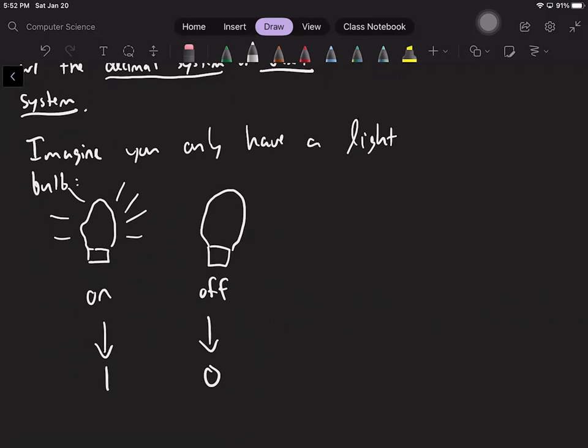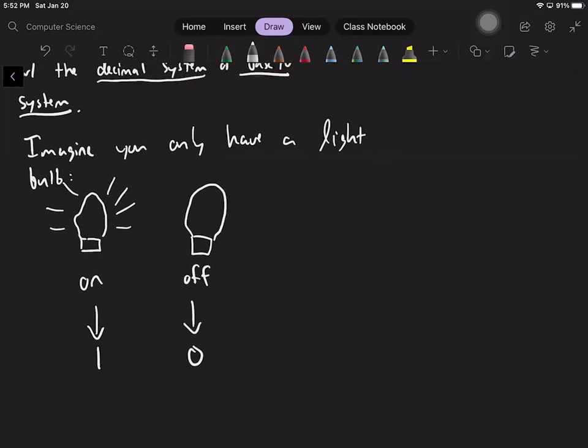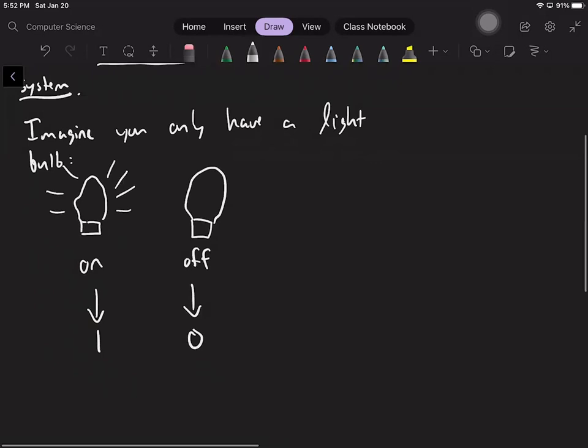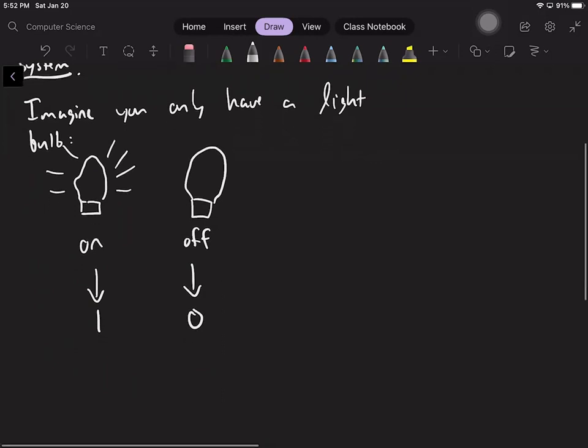But how would I represent 2? Well, I guess I need another light bulb then. So that's the idea, but we're just going to jump straight into it and not worry about this analogy too much, because it might make it seem more complicated than it is.